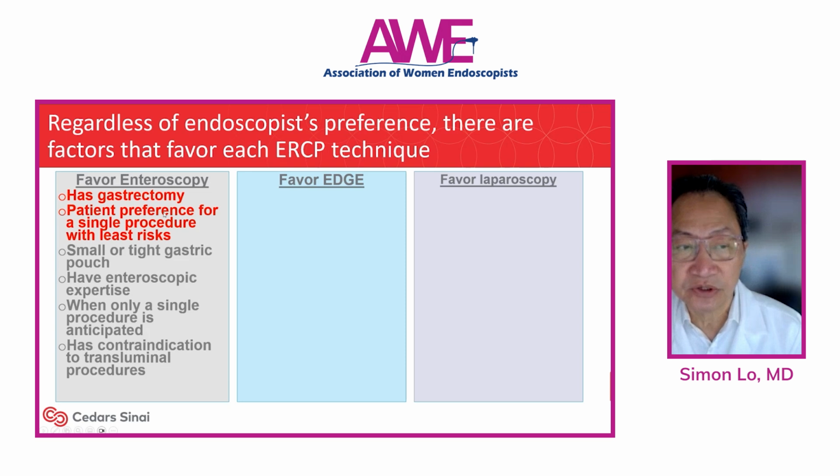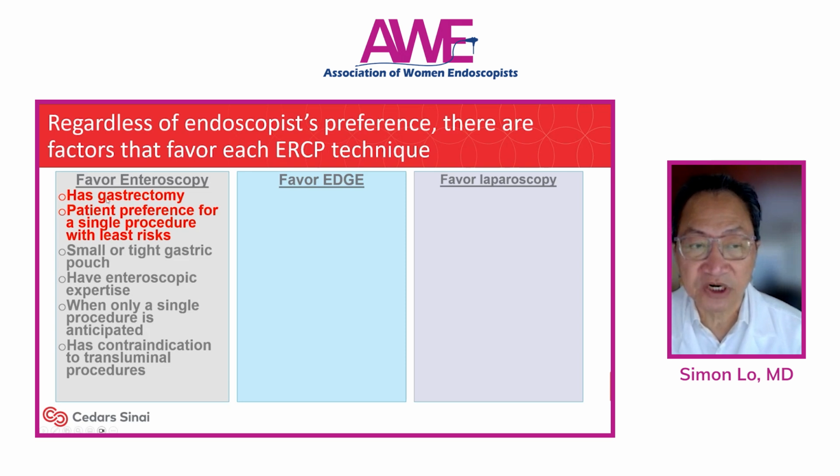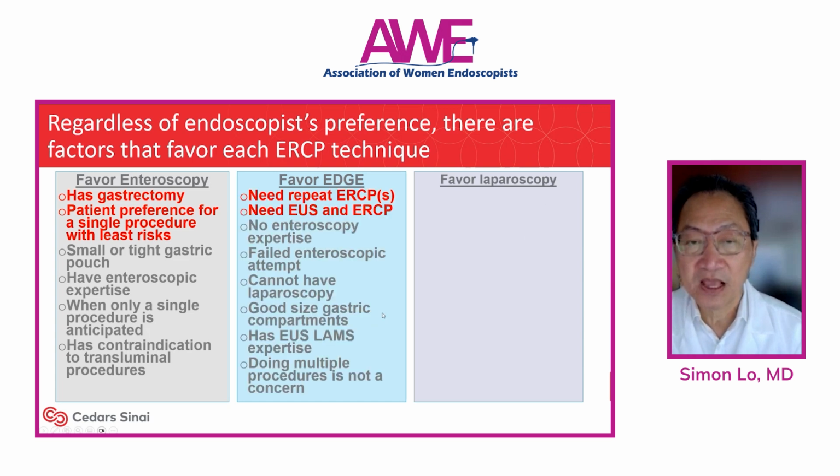This is particularly true for someone who has had prior gastrectomy because it wouldn't allow you to do an EDGE procedure or a laparoscopic procedure. On the other hand, if someone needs multiple ERCP exchanges of stenting, etc., or if the patient also needs an EUS at the same time, then there's no question that EDGE is the right procedure of choice.